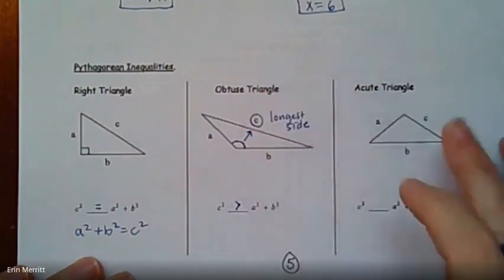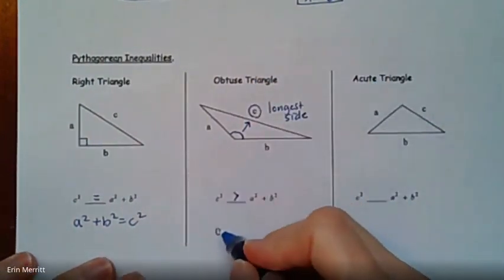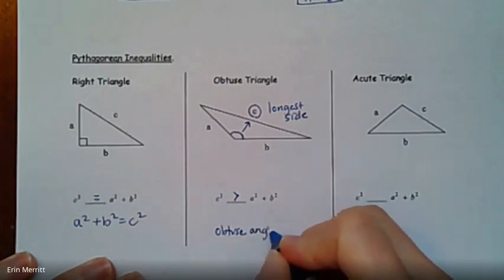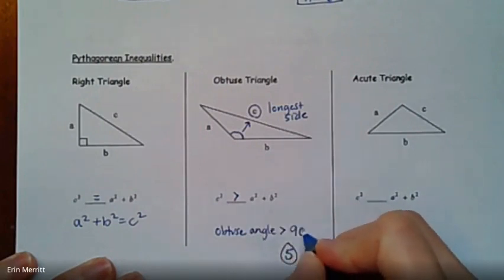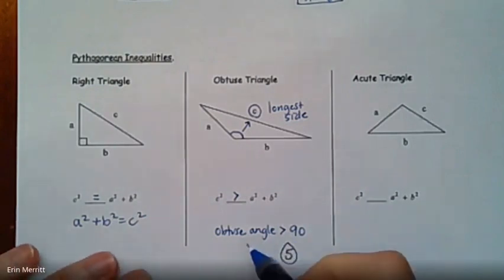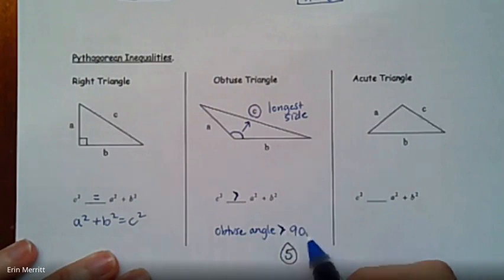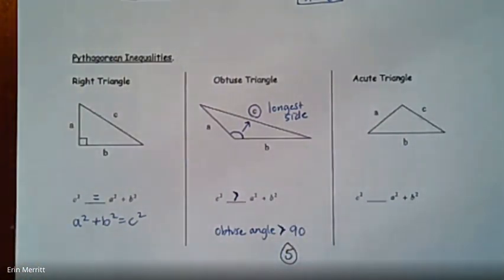And an obtuse angle itself, we know is greater than 90. So you can kind of think about that matching. So this part is greater than this, an obtuse angle greater than 90. You can kind of see how that works together.